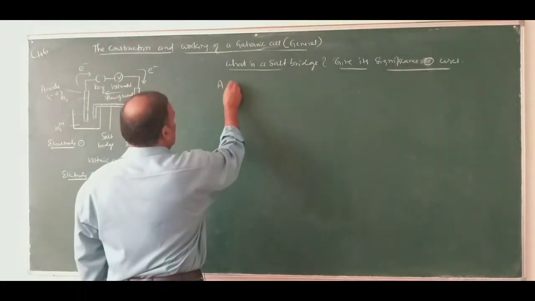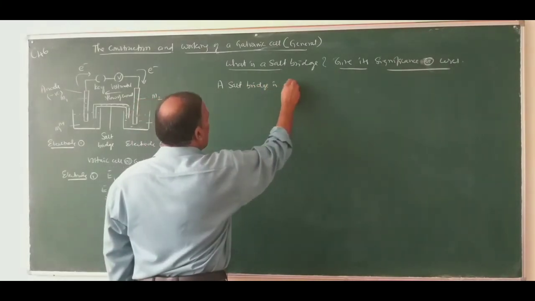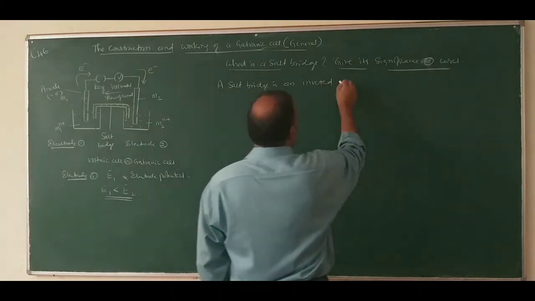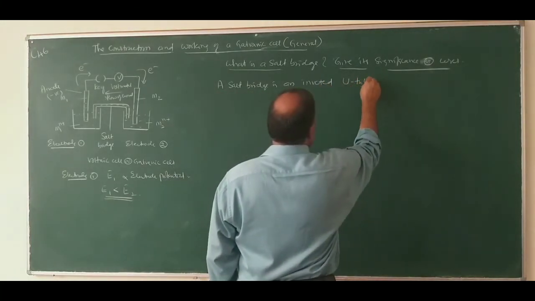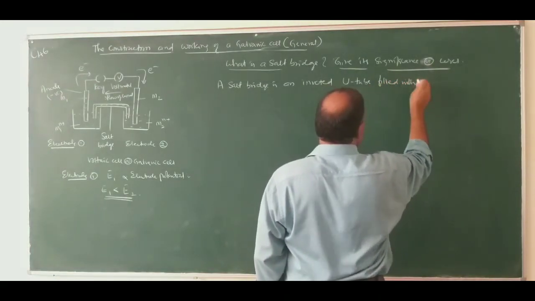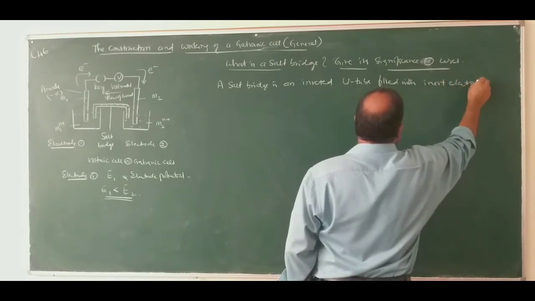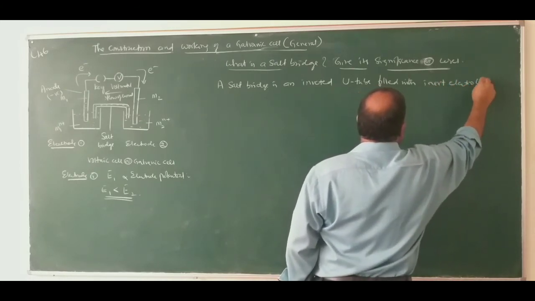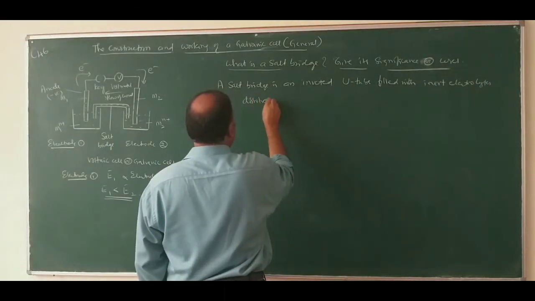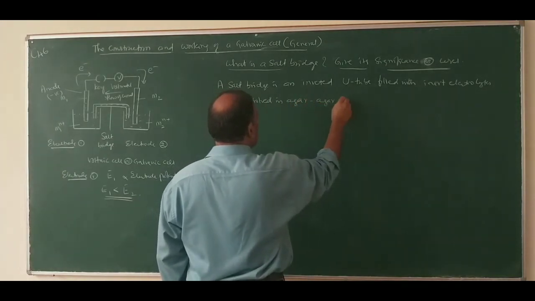Write down: a salt bridge is an inverted U-tube filled with inert electrolytes dissolved in agar-agar gel.